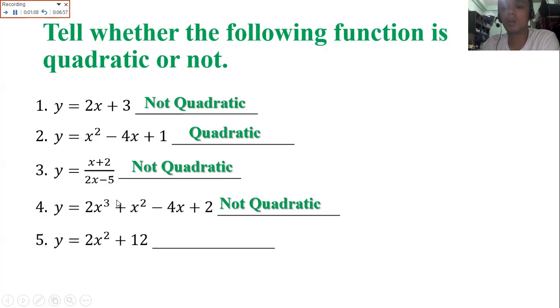That is called a polynomial function. For a quadratic, the highest exponent must be only 2. If there is a 3, it is no longer quadratic. Next, number 5, y equals 2x squared plus 12. Again, the highest exponent there is 2. Therefore, that is a quadratic function.